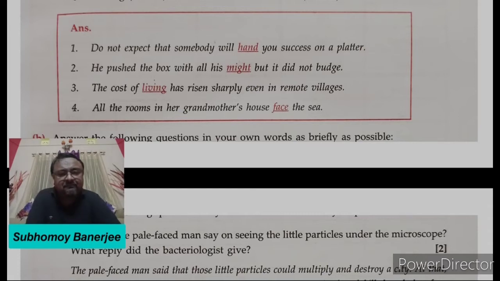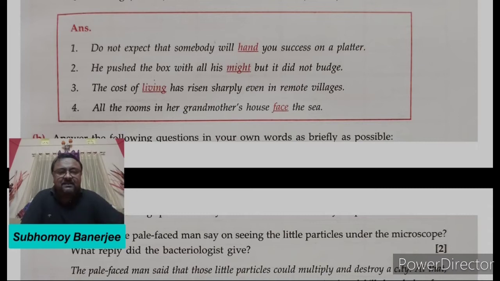Number 2, he pushed the box with all his might. Here might stands for strength. He pushed the box with all his might. Whatever strength he could manage to apply. So might means strength. But it did not budge. Budge means move.